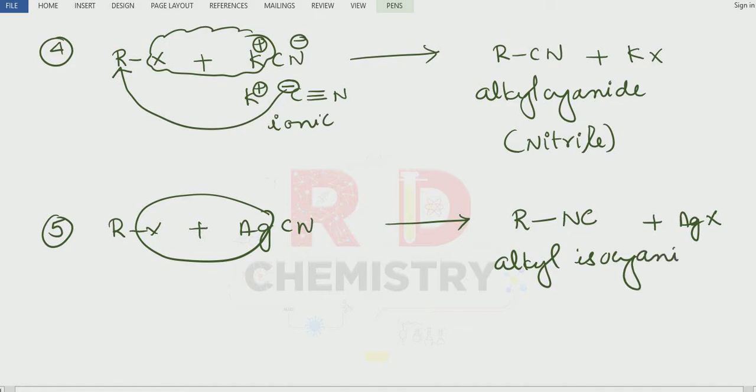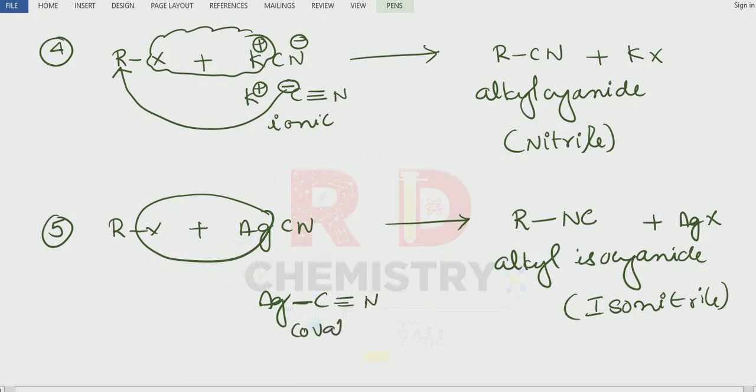Or in other words, it's also called the isonitrile compound. Now, why are the products different? Products are different because between silver and carbon atom of the cyanide, there is a covalent bond. So, this is a covalent compound. Therefore, nitrogen containing lone pair.